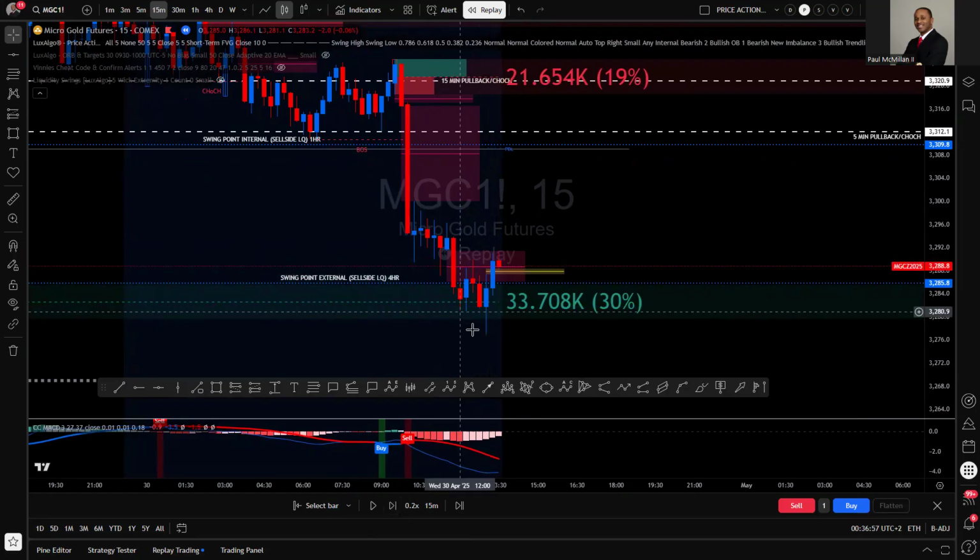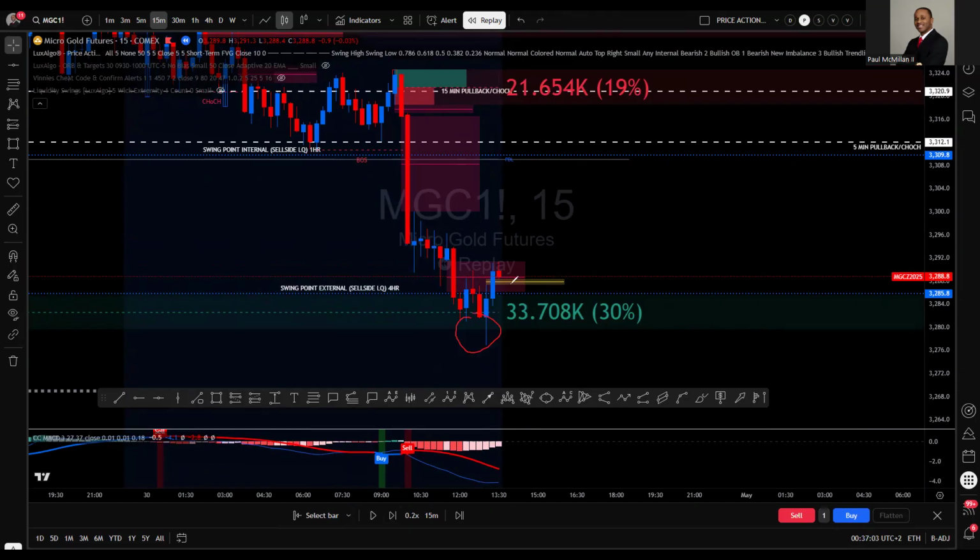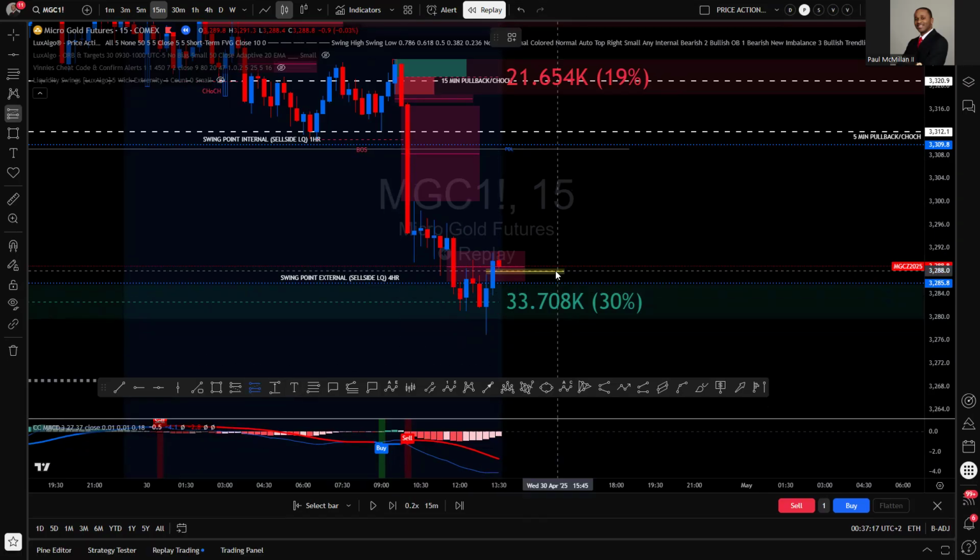So you take the raid of liquidity here. We could ride price all the way up to here, exit out of here, and then trade back down. It looks like we have some volume here, but this might be a great entry. So let's take it for a buy and see what happens.